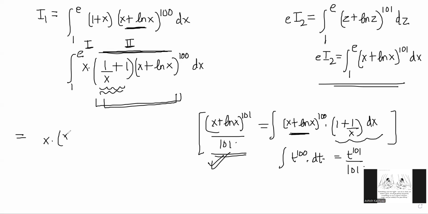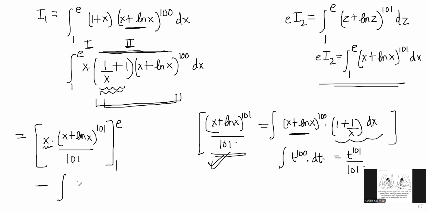So I get (x plus ln x) to the power 101 by 101, evaluated from 1 to e, minus, I will differentiate the first function, which is 1, and keep the integral of the second function, so I get (x plus ln x) to the power 101 by 101 dx from 1 to e, right?